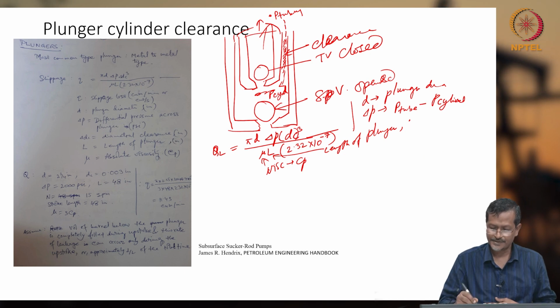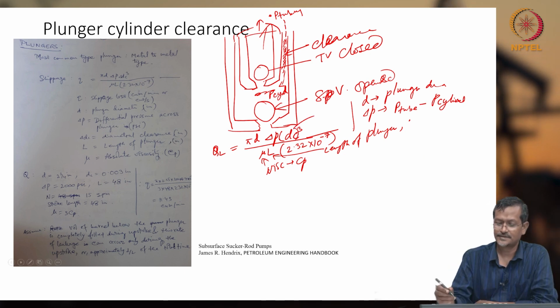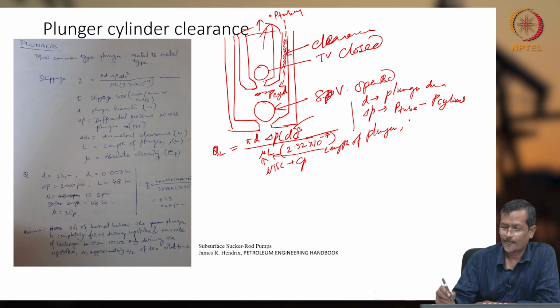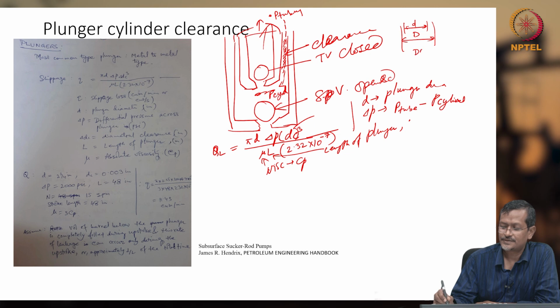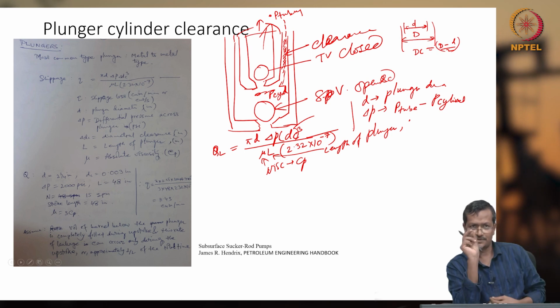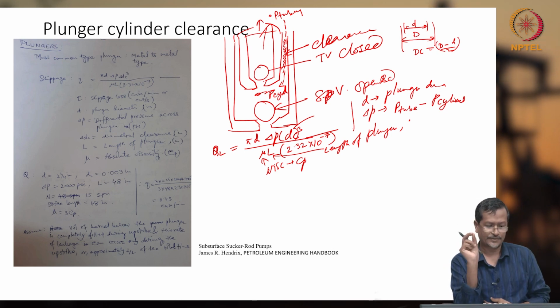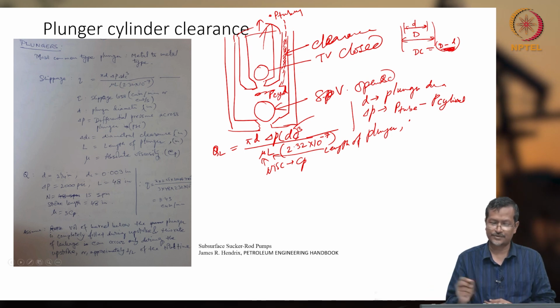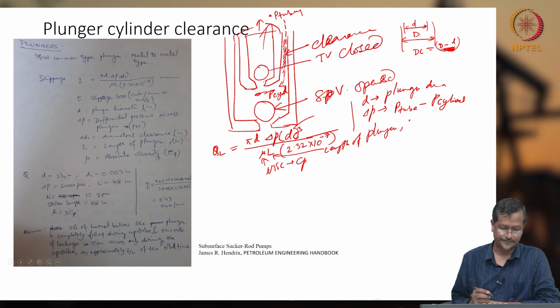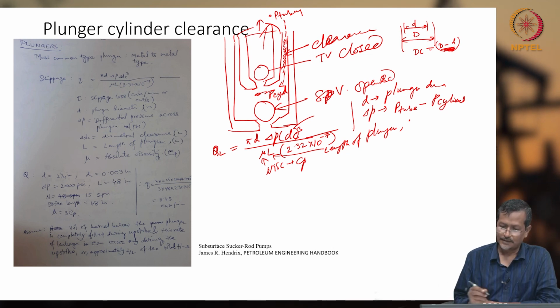And one more, DC, is the clearance. The barrel inner diameter is capital D, and the plunger outer diameter is small d. How much small gap is there in between? I think dividing by 2 will not be there, so this is the diametral clearance, D minus d.